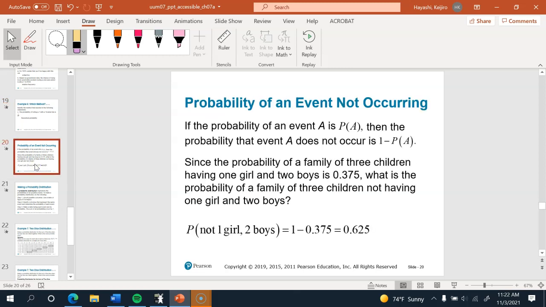Now, an important thing is the probability of an event not happening.